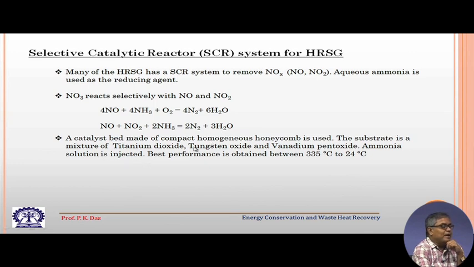A catalyst bed of compact homogeneous honeycomb is made. The substrate is a mixture of titanium dioxide, tungsten oxide and vanadium pentoxide. Ammonia solution is injected, best performance is obtained within some sort of temperature window, and generally it operates within that to reduce the emission. So, that is also a part of the HRSG.